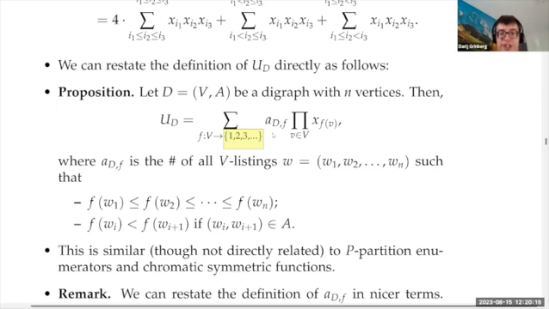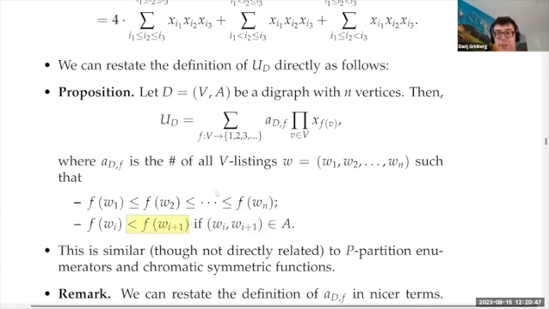So if f of v is i, it means that the vertex v has level i. Either way, so what is the sum? You're summing a monomial where you take the product of x_{f(v)} over all the vertices. And there is a coefficient a_f, which is the number of all vertex listings with the following property. The listing has to be weakly increasing, and every time there is an arc, it has to be strictly increasing.